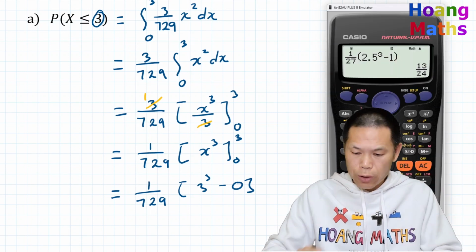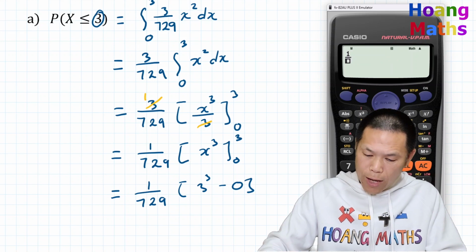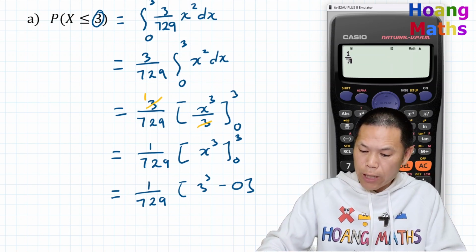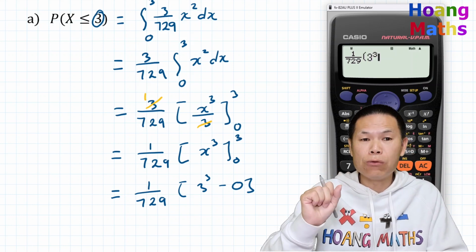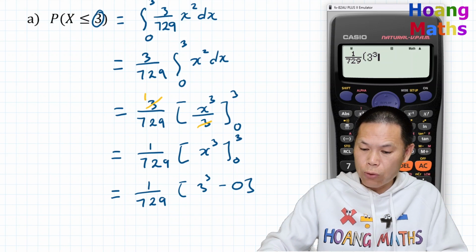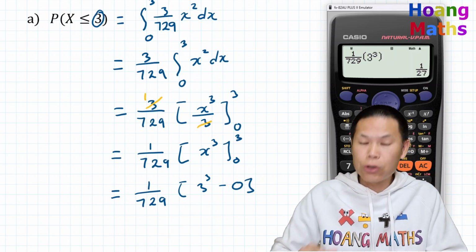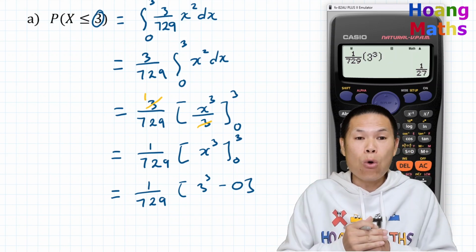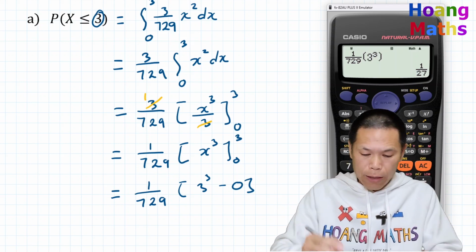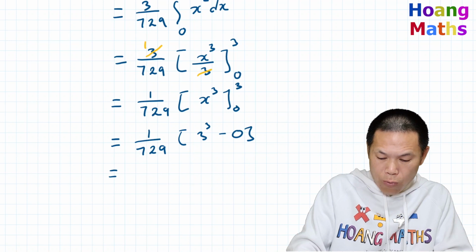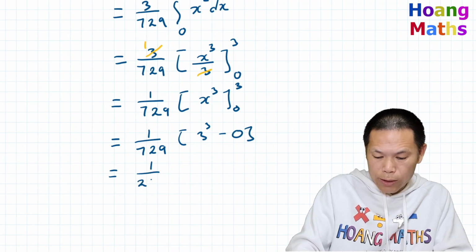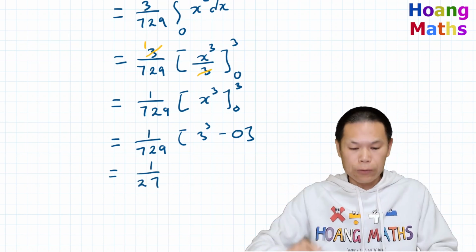I go 1 over 729, brackets, 3 to the power 3, and then minus 0. Minus 0 we can just ignore. So there you go. The answer is 1 over 27. There you go.